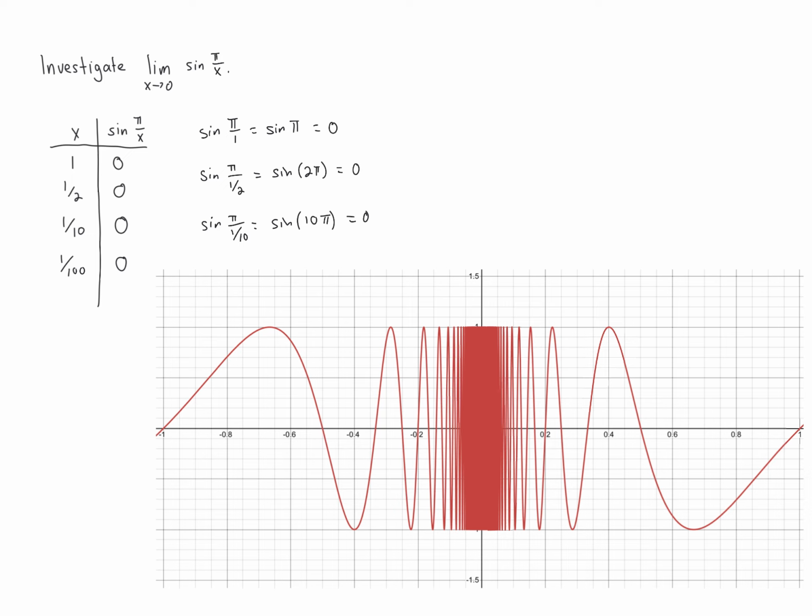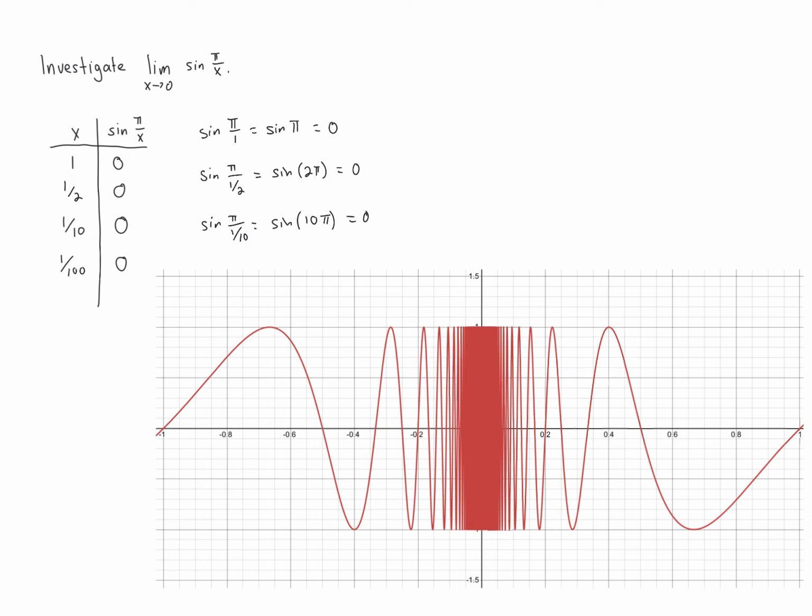That's what's happening. Whenever we have a fractional value of x where it's 1 over an integer, like 1/2, which is 0.5, or 1/3, which is 0.333 repeating, or 1/4, which is 0.25, or 1/5, which is 0.2, or 1/6, or 1/7, or 1/8, or 1/9, anytime we have 1 over an integer, it goes back to 0.